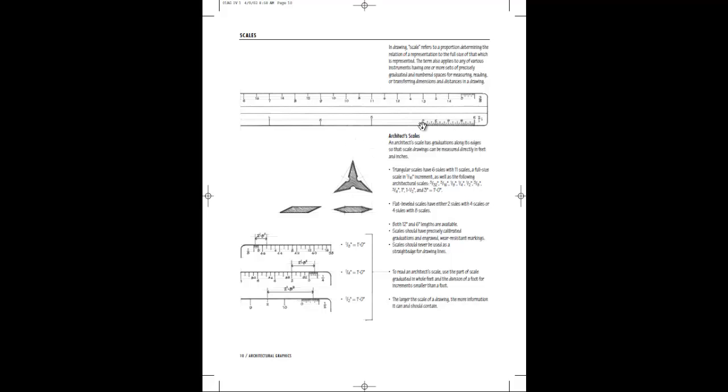So this would be 1 foot, and you can see these are broken down into smaller segments because it's a larger scale. We have 1/4 inches, so there would be 1/4 inch, 1/2 inch, 3/4, and 1 inch. And all the big marks are 1 inch, so there's 3 inches, 6 inches, 9 inches, and a foot. So from this point to this point would be 2 feet, 3 inches. If we were halfway in here, we'd be 3.5 inches.